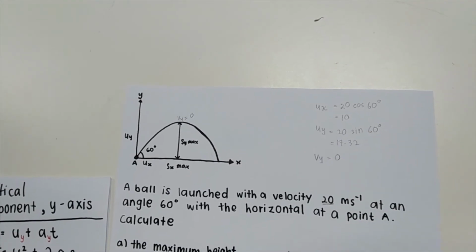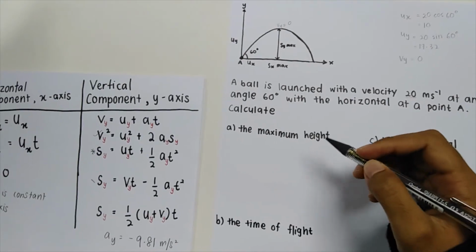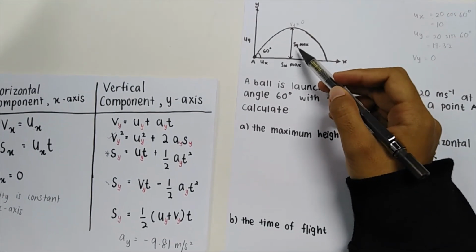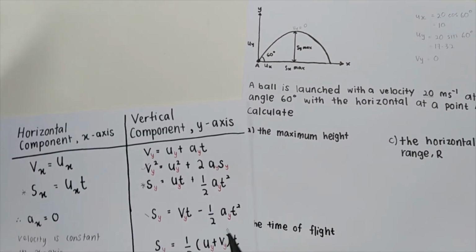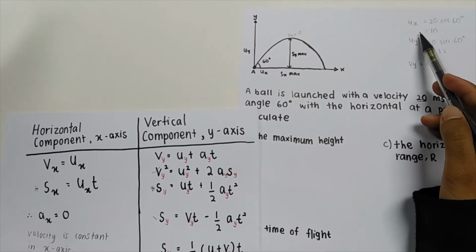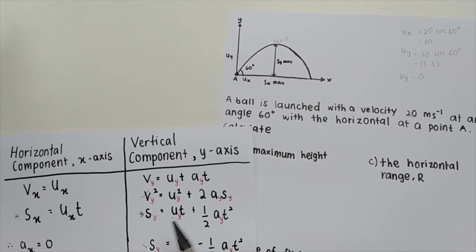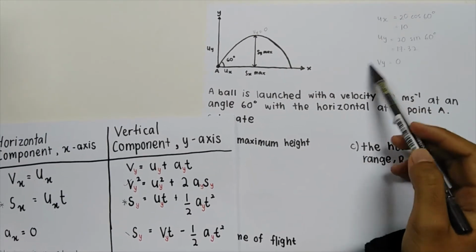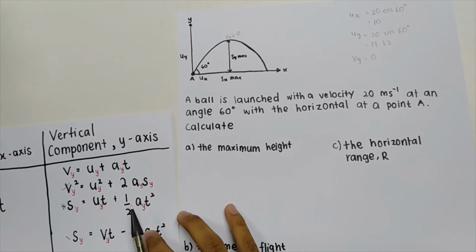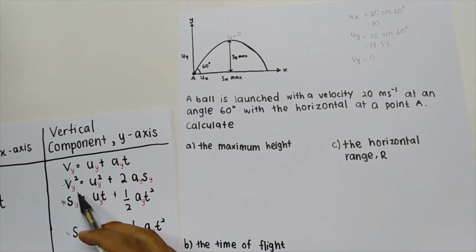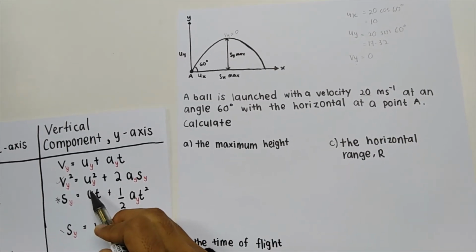Now we can go further to the question, the maximum height. Right now we want to find Sy. Looking at the formulas, we already have Ux, Uy, and Vy, so let's find a formula that suits our equation. This equation is suitable because it has Uy and Vy.